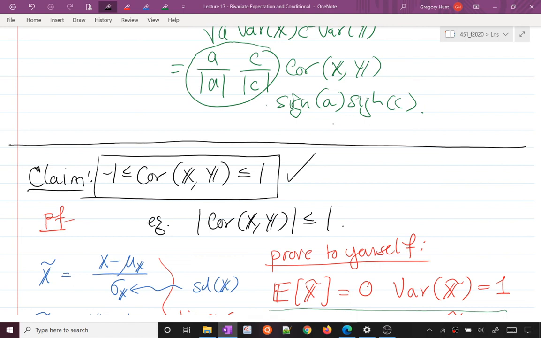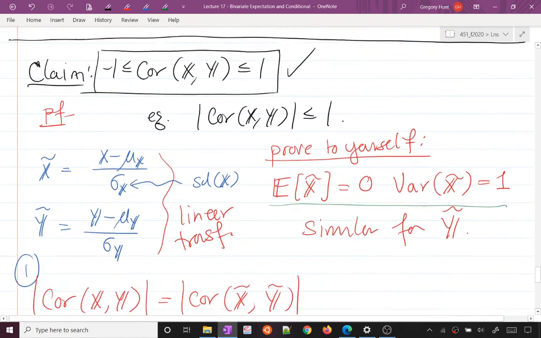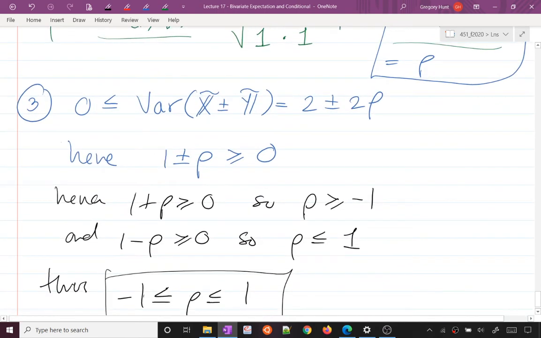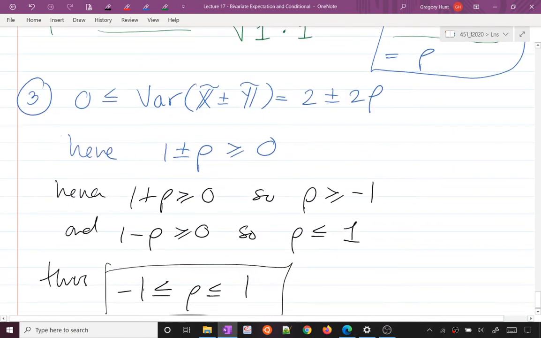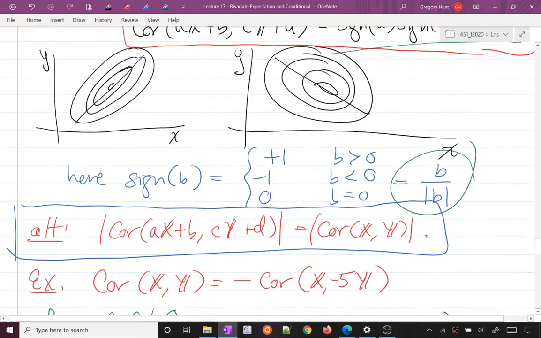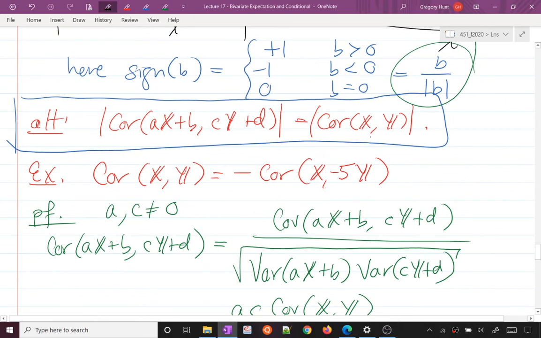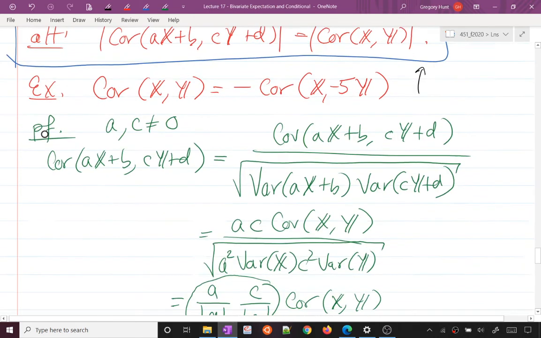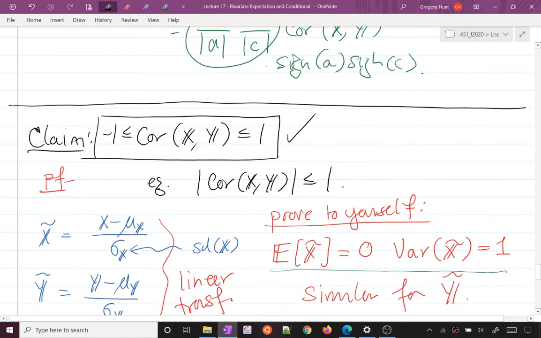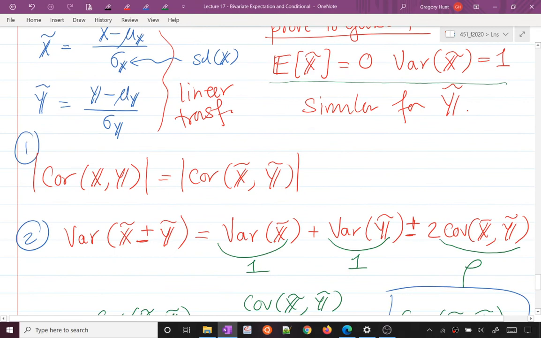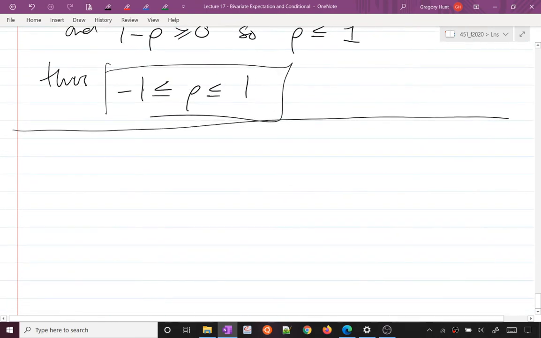You can talk about correlation and covariance. Correlation is nice because one real nice fact about correlation is that it doesn't really care about linear transformations. So this is this theorem. It doesn't really care about linear transformations, and it's always bounded between -1 and 1. So it's kind of interpretable across different variables.